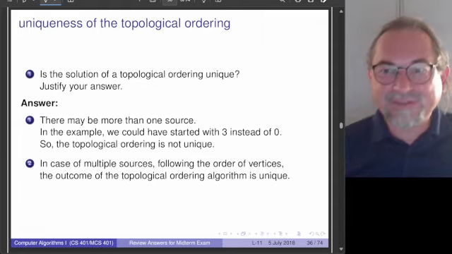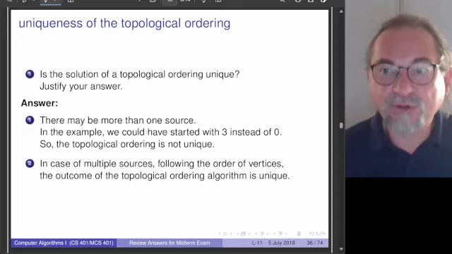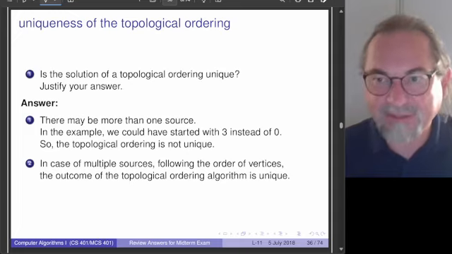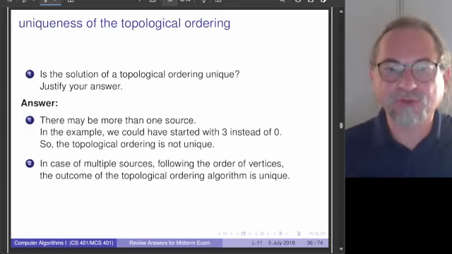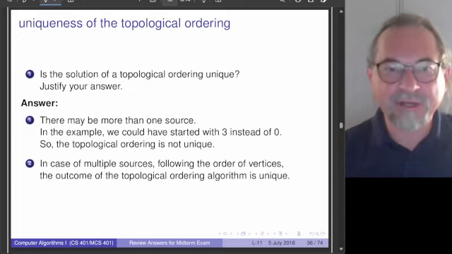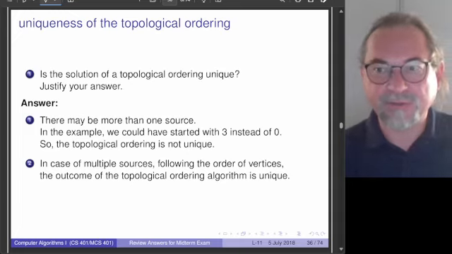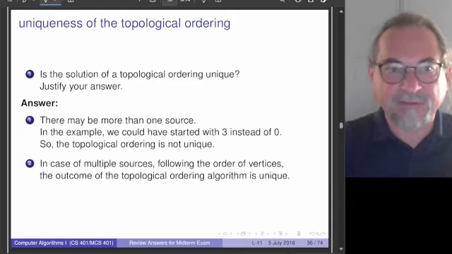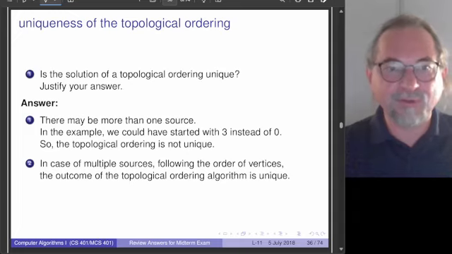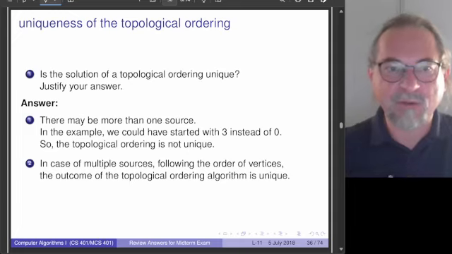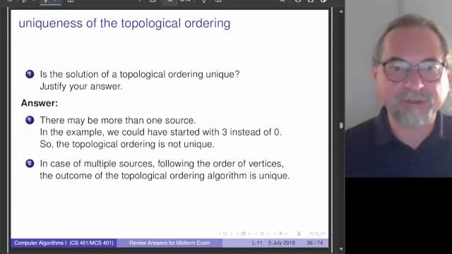Now, there is always a yes or a no. So you could indeed say that there might be multiple sources, then multiple topological orderings, but the outcome of the ordering algorithm is unique. So you will not have much, if any, credit for a yes or no answer, but it is in the justification.